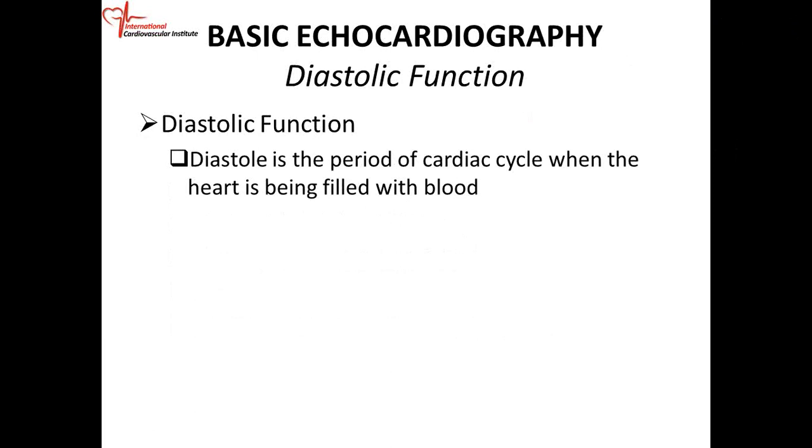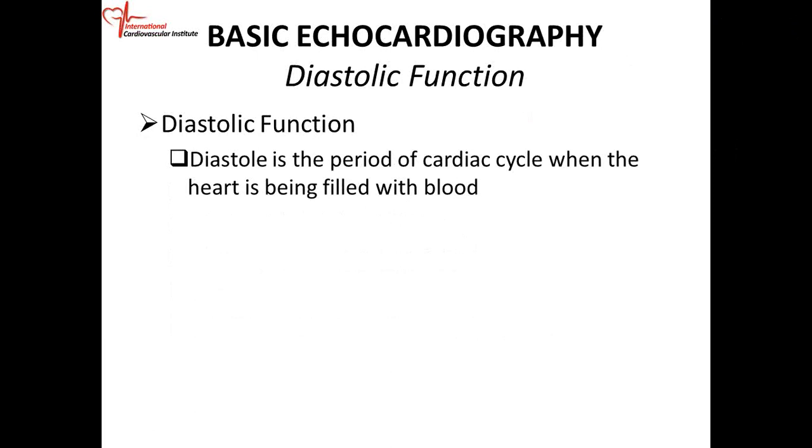Okay. If we further break it down and analyze it fully, diastole starts with what we call IVRT, and we've been over this before. Diastole starts with IVRT, which is isovolumic relaxation period or time.